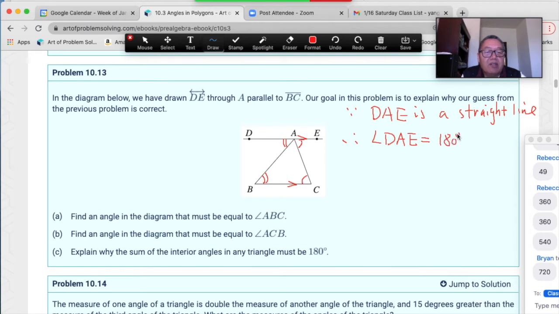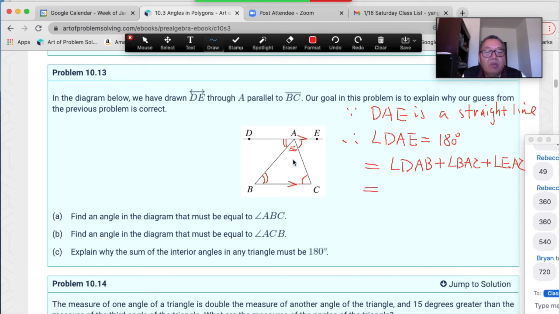That's a straight angle. But this angle actually equals angle DAB plus angle BAC, also plus angle EAC, right? These three angles add together, you get 180 degrees.